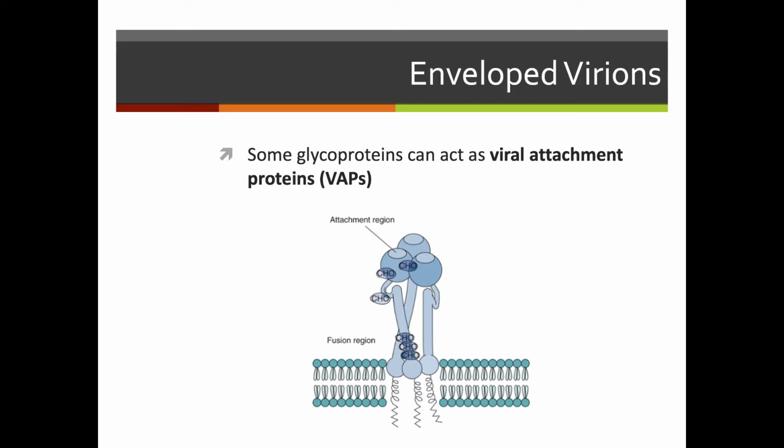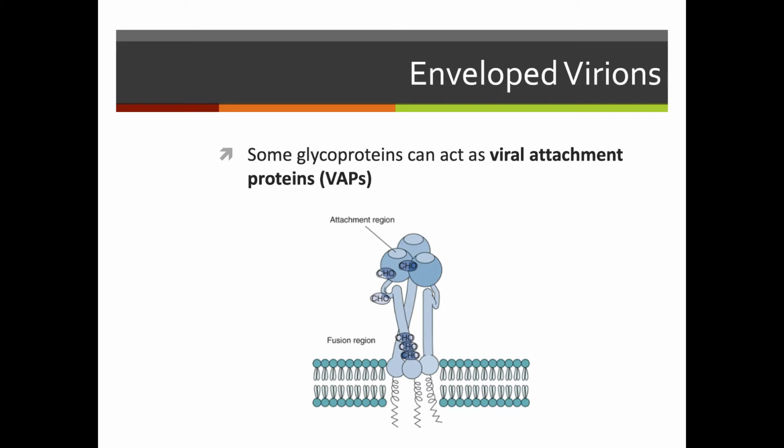Because if a bacterium can't adhere to host tissue, it can't cause disease. It'll be wiped right out of the host. The same principle applies to viruses. If a virus cannot bind to a host cell, it cannot be internalized and it cannot cause infection.